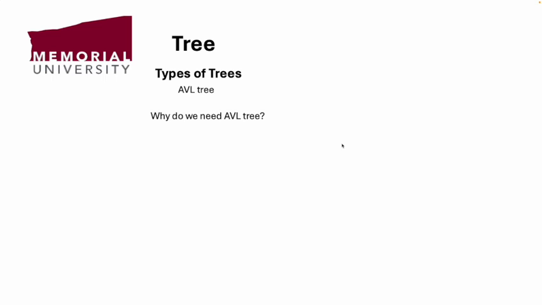Big O of n, right? In some cases the binary search tree is still not really efficient, if the tree turns into something like a linked list, or a skewed tree, right? So that's why we need the AVL tree, to keep them balanced. If they can keep them balanced, it's always big O of log n. That's why.